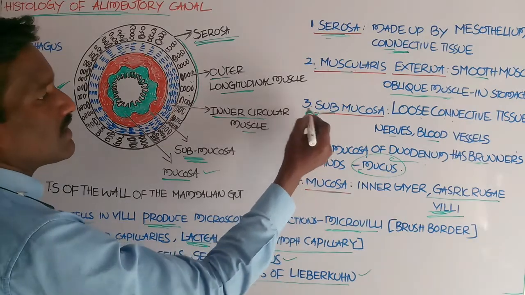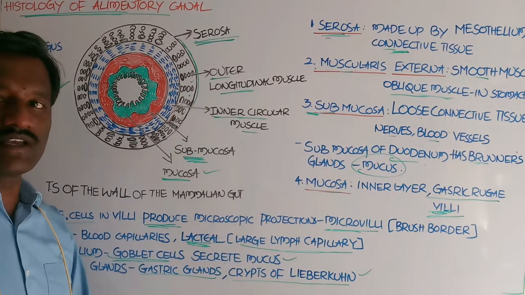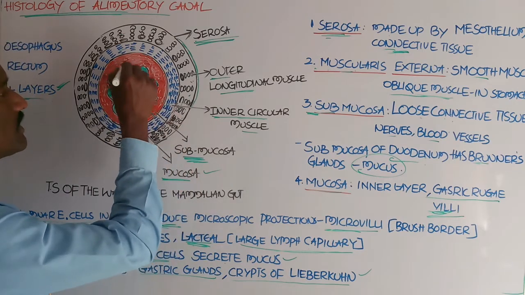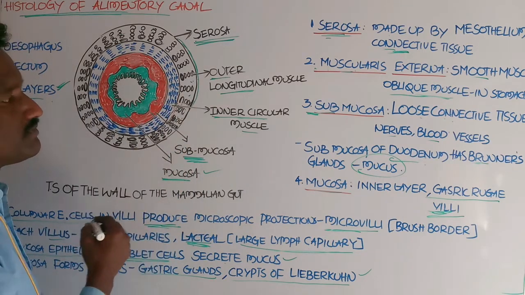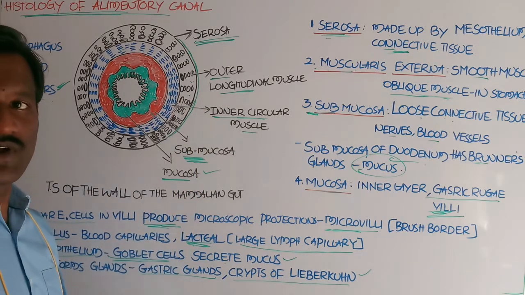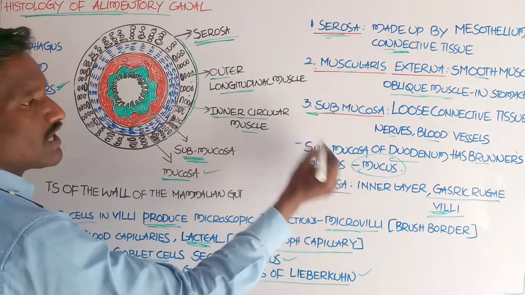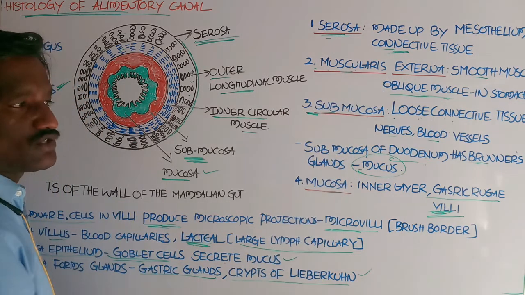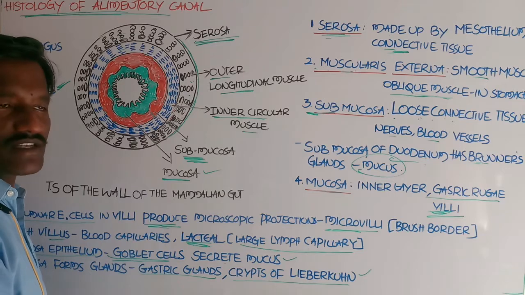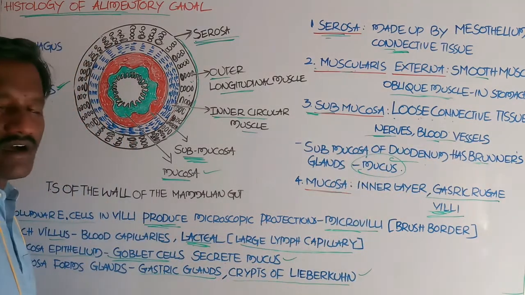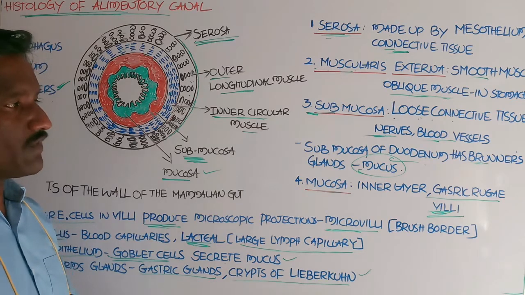Next, the third one is the submucosa. Okay students, this is the region of the submucosa. It has loose connective tissue, and also nerves and blood vessels, arteries and veins.